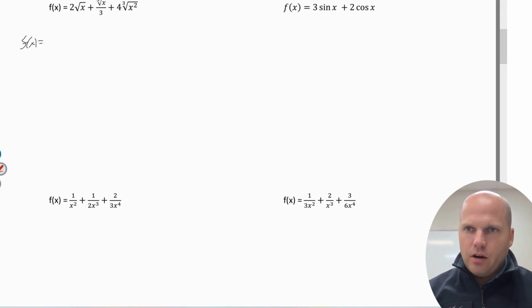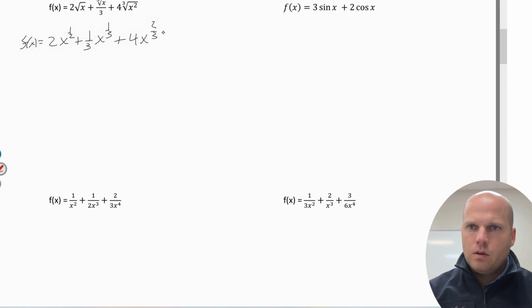I'm going to rewrite all of this so that it has fractional powers. Don't forget that if you rewrite, you haven't done anything yet. You still have to take the antiderivative.